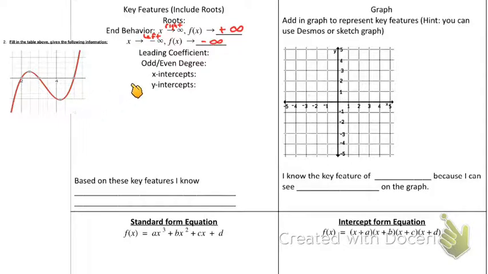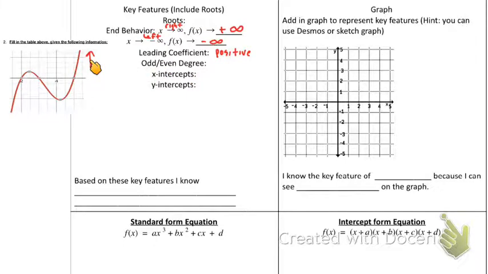Leading coefficient. All we need to know is is it positive or negative? So if you look, my leading coefficient controls the right side. Since the right side is going up, that means my leading coefficient is positive. Because remember, right side is going up. All right. Now, we actually can answer the even odd degree.